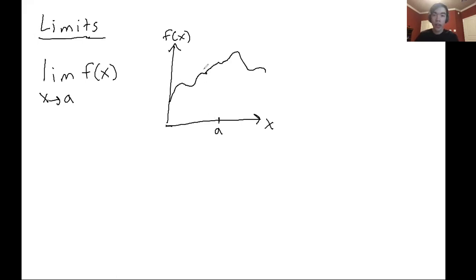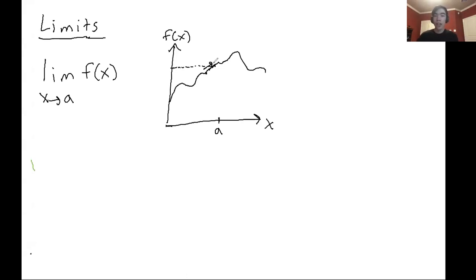And you take points on this function getting closer and closer to a. And then you look at all the values you get, all these f values. And the value of f that you get infinitely close to, that's your limit.